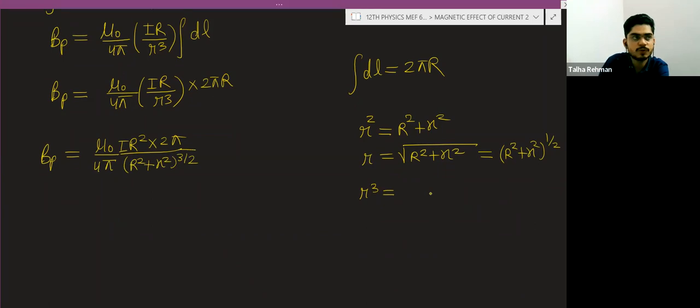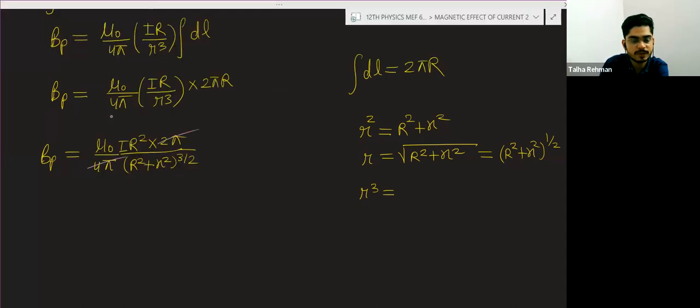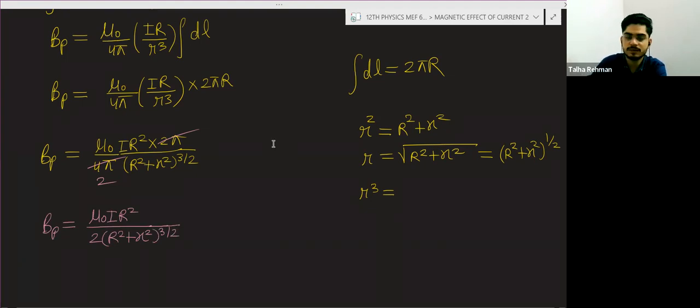Now 2 pi and 4 pi can be cancelled out, and here you will get 2. So finally the magnetic field at point P will be mu naught I R square divided by 2 times R square plus x square to the power 3 by 2. So this is your final answer.